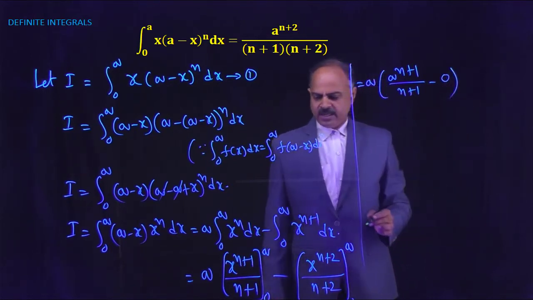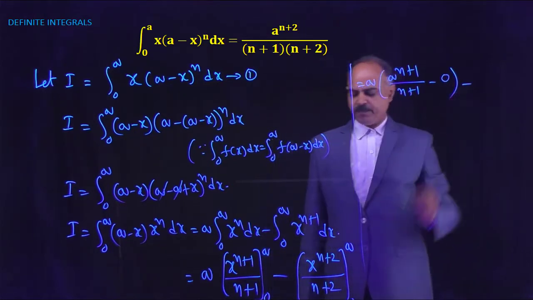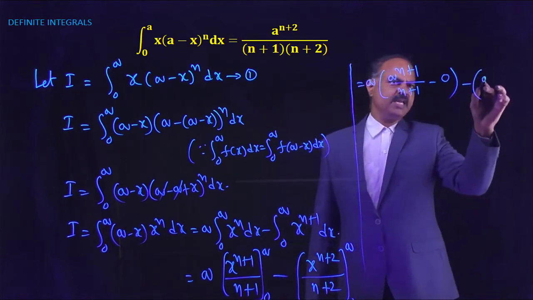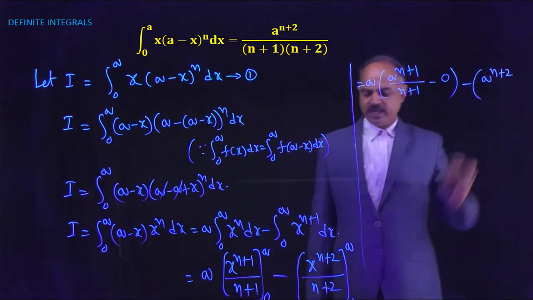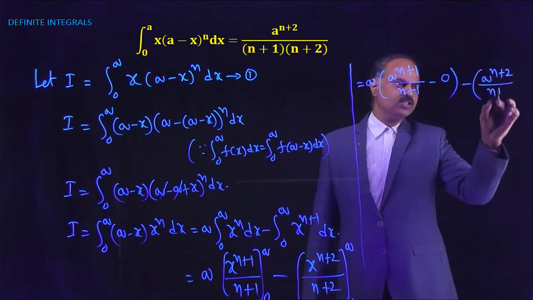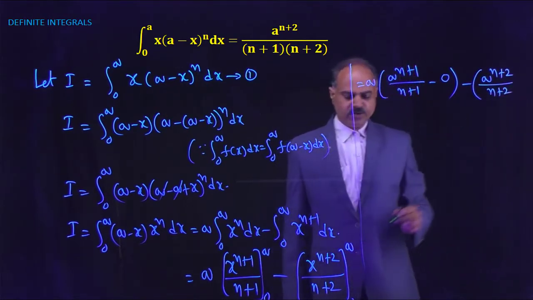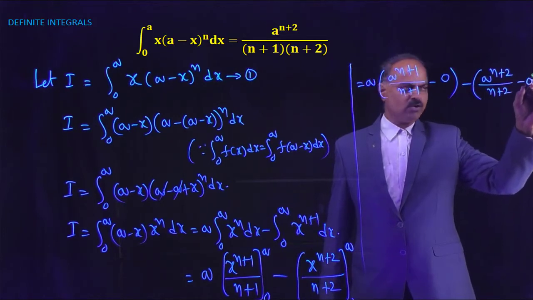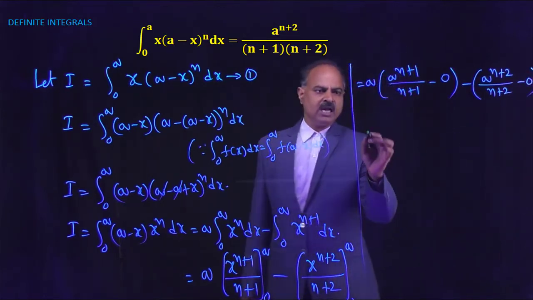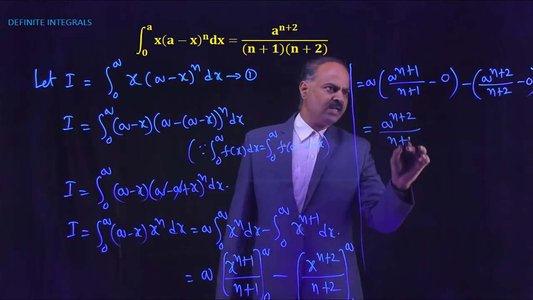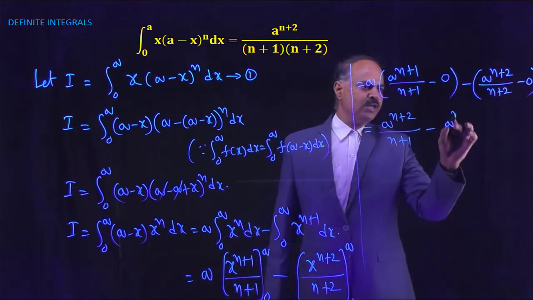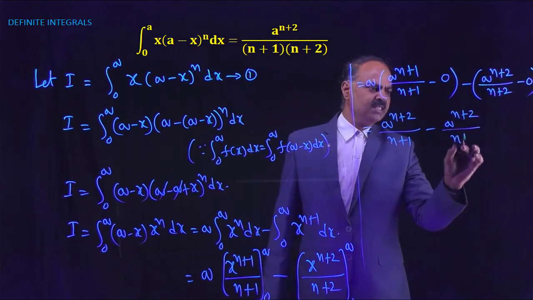Next, minus the upper limit, that is a to the power n plus 2 by n plus 2, minus the lower limit, 0 by n plus 2, that is 0. Now this is equal to a to the power n plus 2 by n plus 1 minus a to the power n plus 2 by n plus 2.